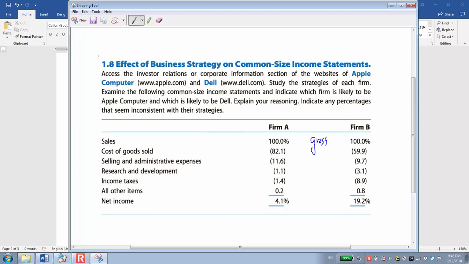Next, research and development. This is another operating expense, which for Apple is 3.1, higher than Dell. Yes, that's reasonable. Why? Because Apple did spend money on research. Right?